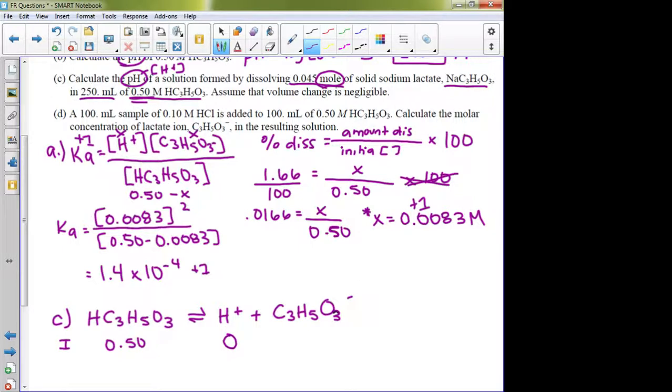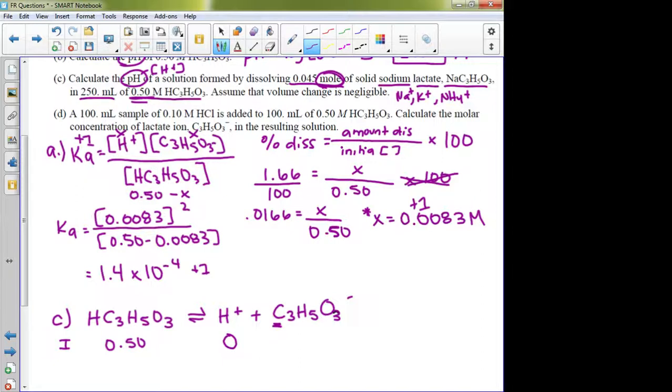No. Okay. Now, how do I know that this right here, the 0.045 moles, goes with this lactate ion? Because this is what? Sodium lactate. Anything bonded to sodium, potassium, or ammonium is always what?